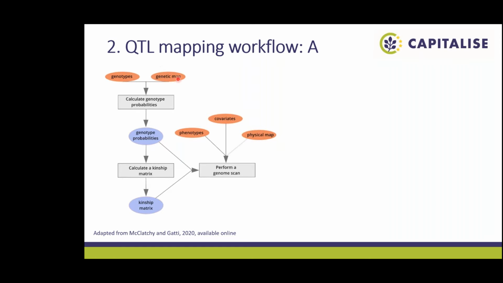We need a genetic map, which is not a physical map, but a measure, population-wise, of the recombination that happens along the chromosome in our population. Then we need phenotypes and covariates to test the association in our model, and we also need a physical map to place our association at a physical position on our chromosomes. So the first task of QTL mapping is to build and calculate genotype probabilities.